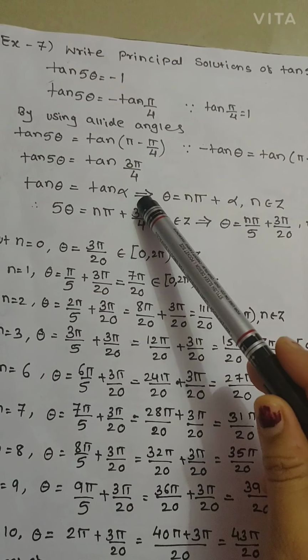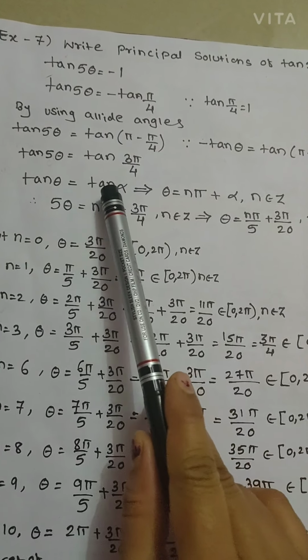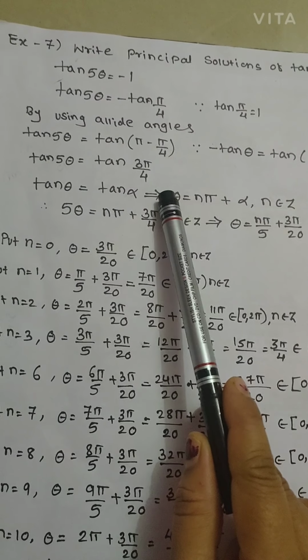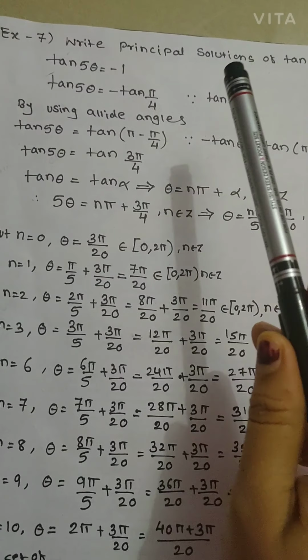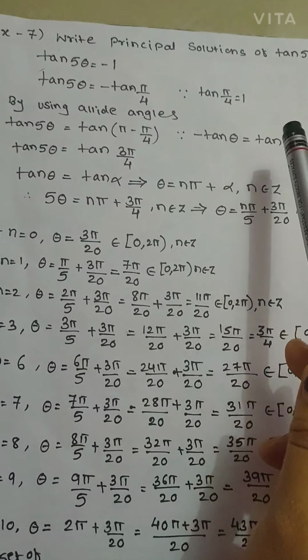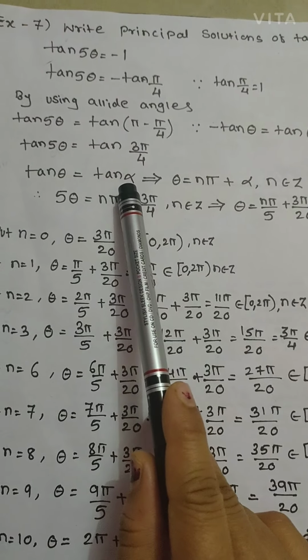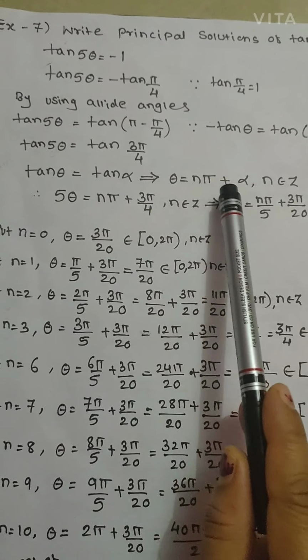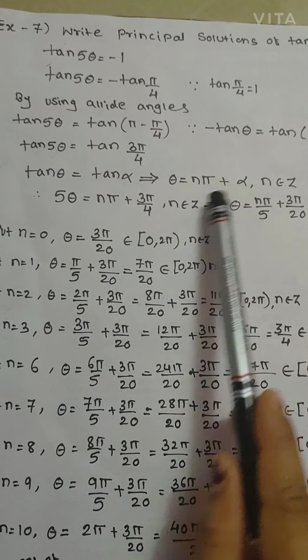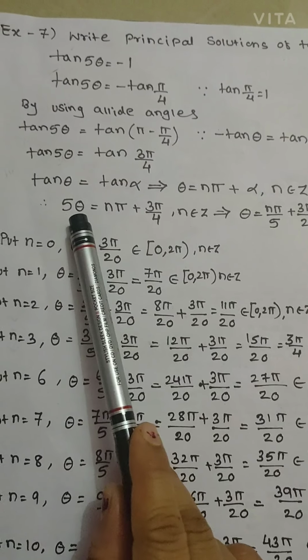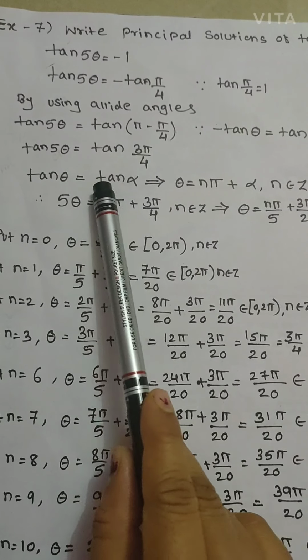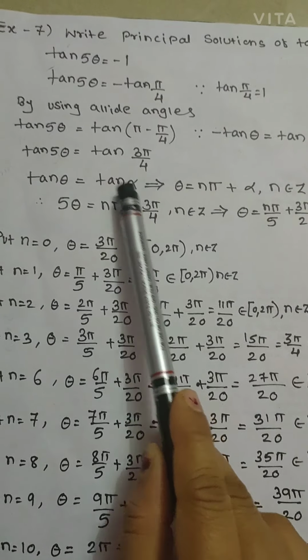Now here we are going to use our general solution to find the principal solution. Generally we will get two values for principal solution, but if we use the general solution, then we will get multiple solutions for this principal solution. Okay, let's check. Now here is tan theta equals tan alpha.